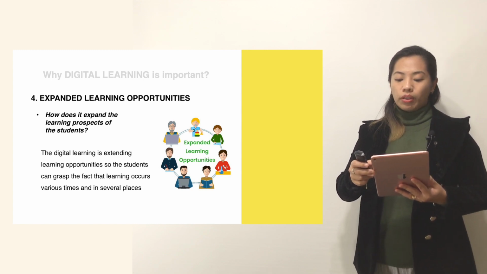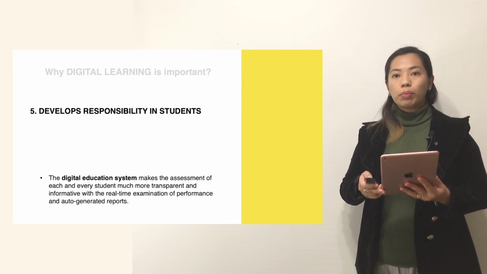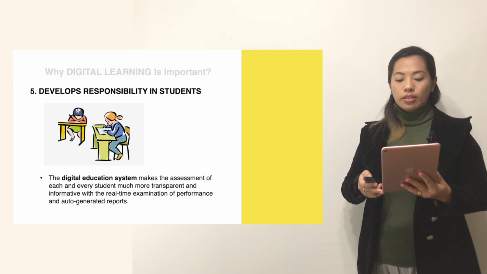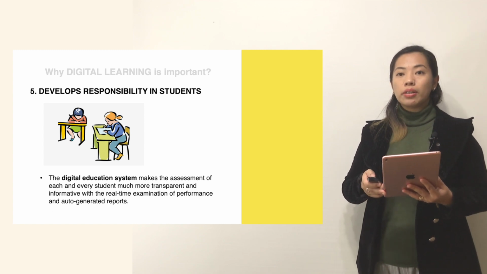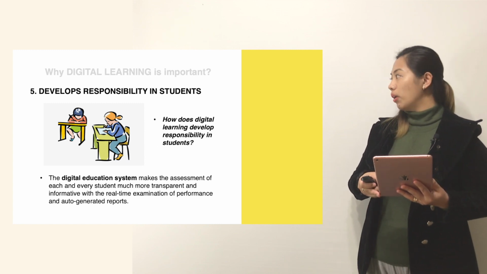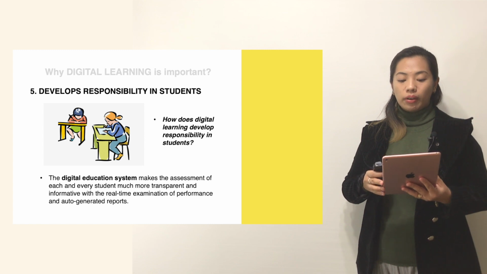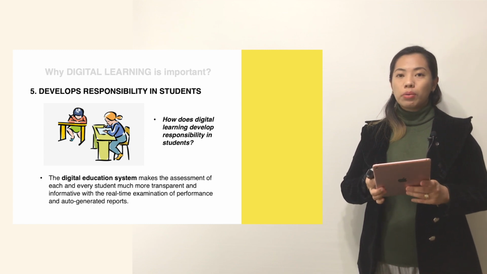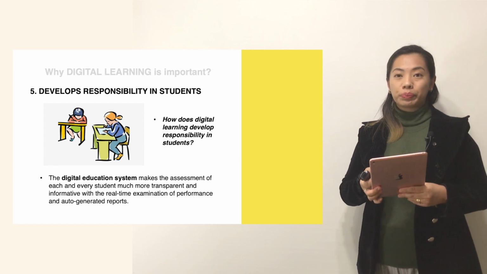Okay, now another reason why digital learning is important is that it develops responsibility in students. So the big question there is, how can digital learning develop responsibility in students? Is it even possible?